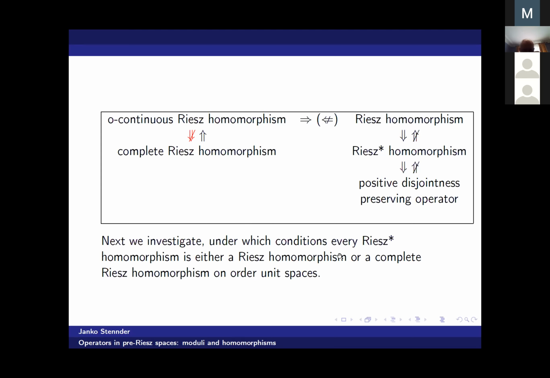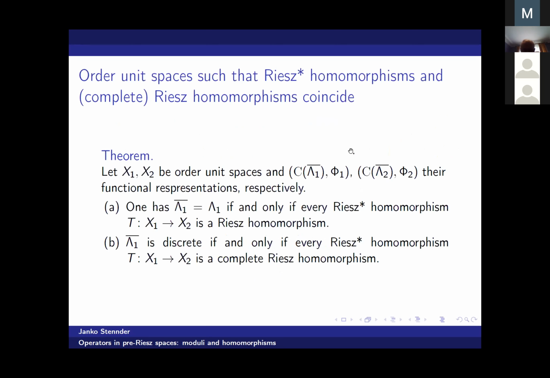The second step now will be to investigate under which conditions the converse implications, which are in general not true, so that every Riesz star homomorphism is a Riesz homomorphism, or every Riesz star homomorphism is a complete Riesz homomorphism, under which conditions this is true in order unit spaces. And we found the following theorem.